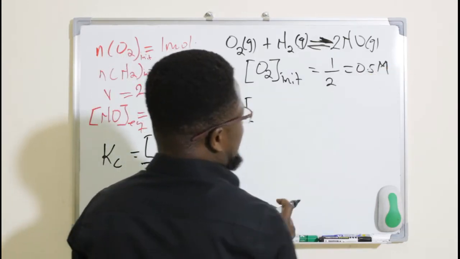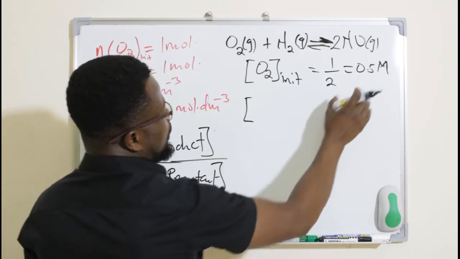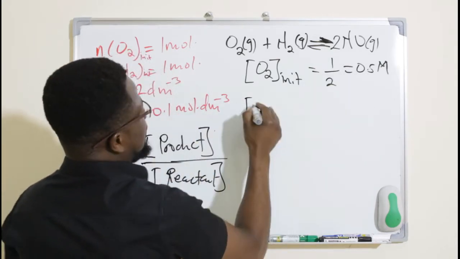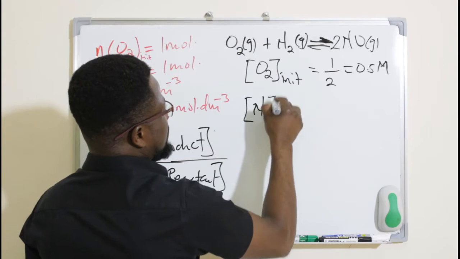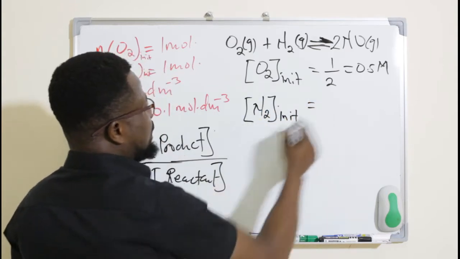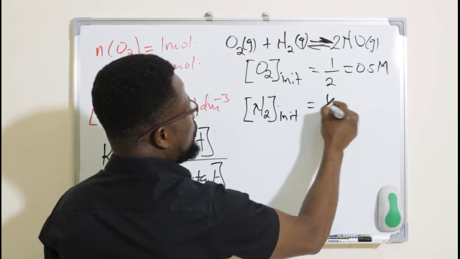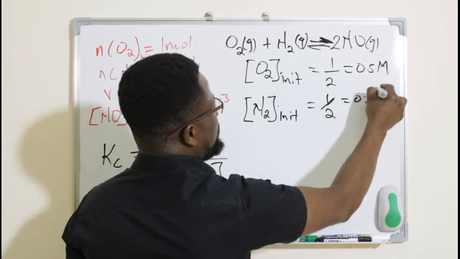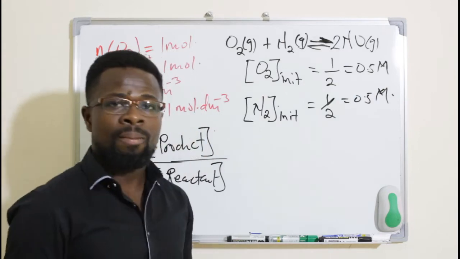Now that I have gotten this, let's check it and see. I need to find also the initial concentration for the nitrogen gas, and that is also 1 out of 2, with a 0.5 molar concentration.